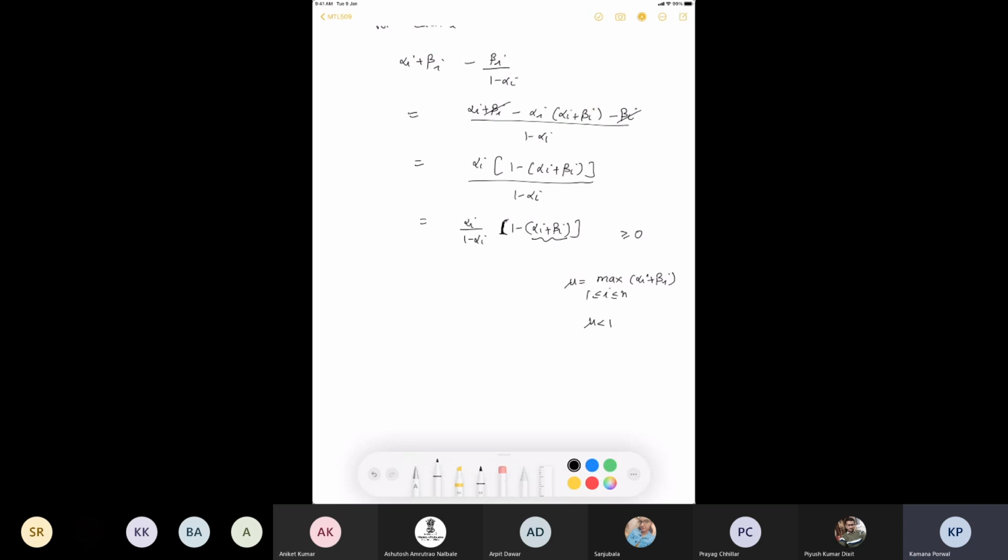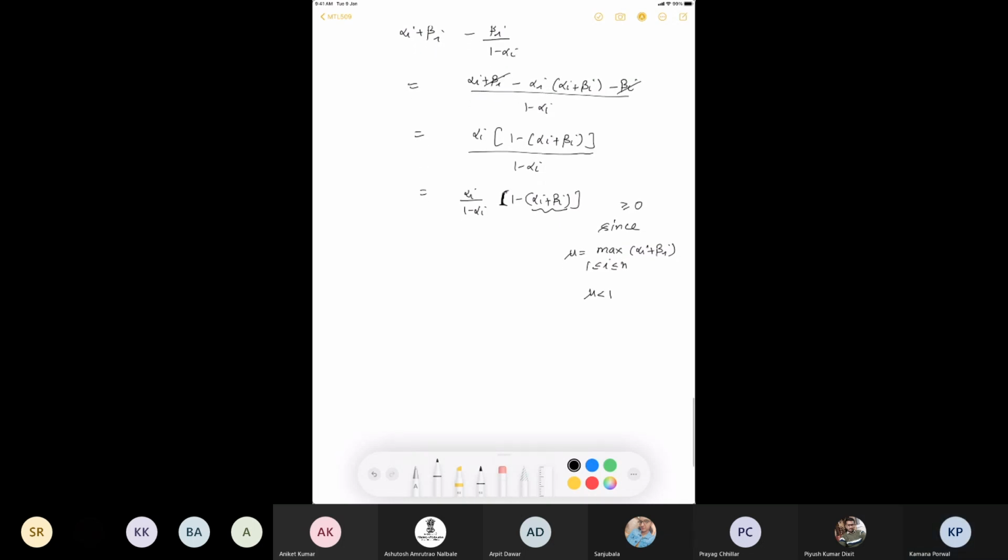If mu is strictly less than 1, this means that alpha I plus beta I for each I is also going to be strictly less than 1. So this factor here is positive, and you can observe that alpha is also strictly less than 1, so this factor is also positive. This means that overall this is going to be greater than or equal to 0.